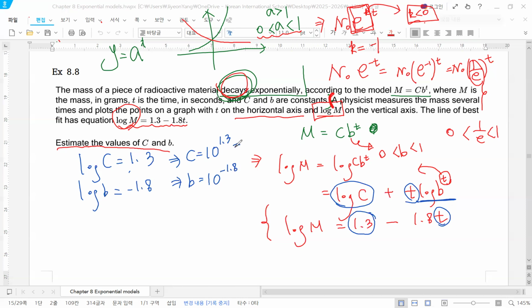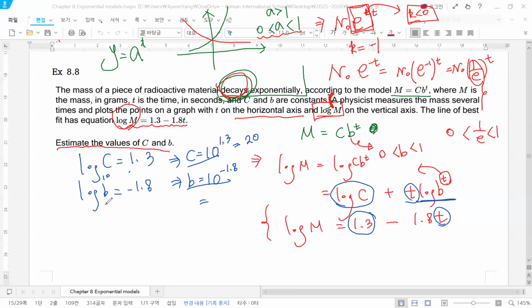By using your calculator, please give me the values. Take out your calculator. C equals 20. So b is around there. Which one? The last two steps. These two. Okay, it's the definition.